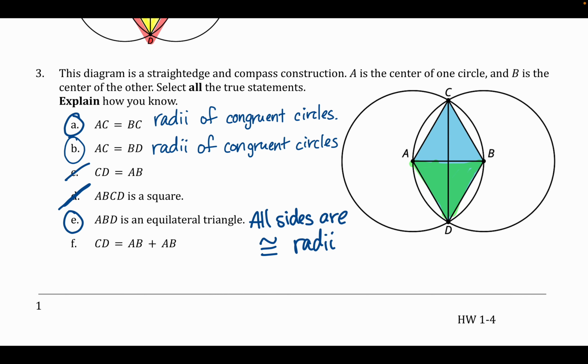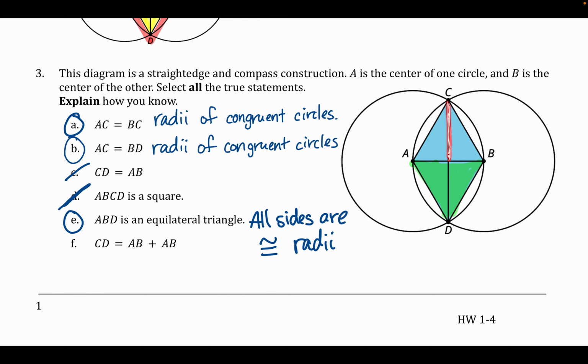Now the last option here is F. So that says that CD is equal to AB plus AB. So they're saying that CD, our perpendicular bisector line, is equal to this radius plus this radius again. What that would mean is that halfway is the same as the radius.